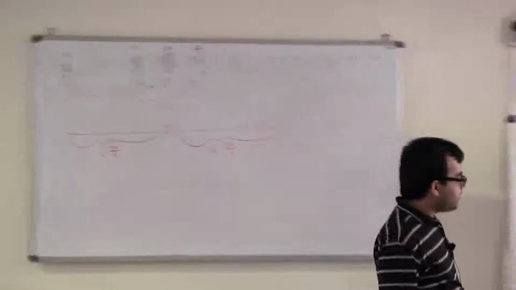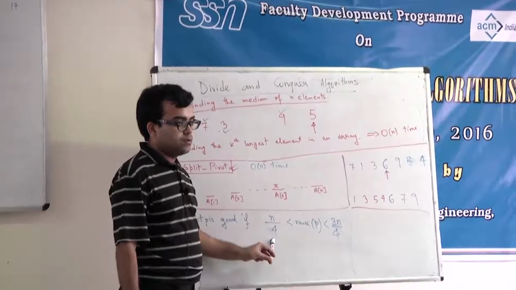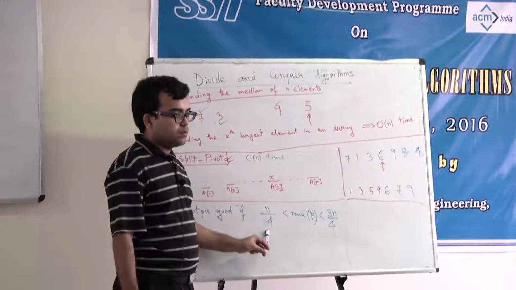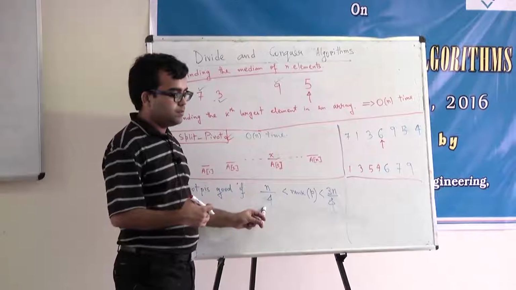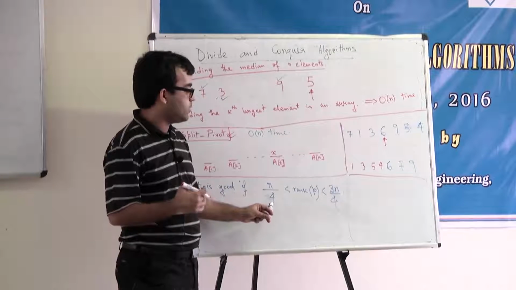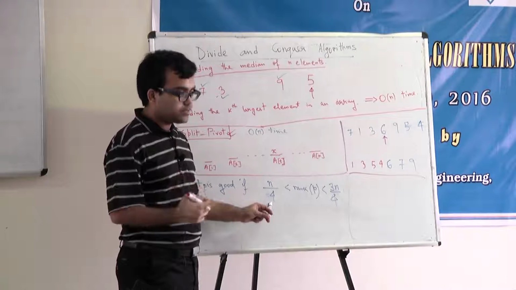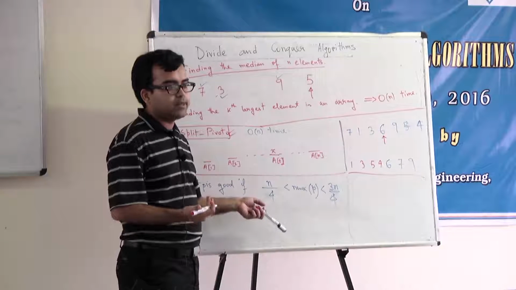Because the rank of P is greater than n over 4. Sorry, there are at least n over 4 elements that are less than P. Hence, there are at most 3n over 4 elements which are larger than P.